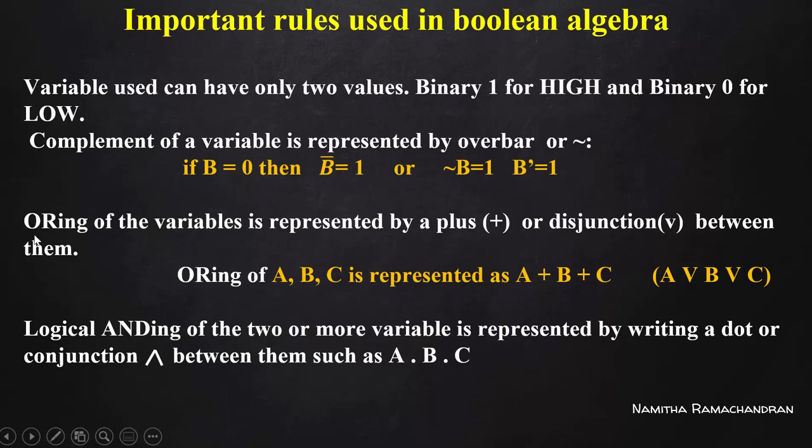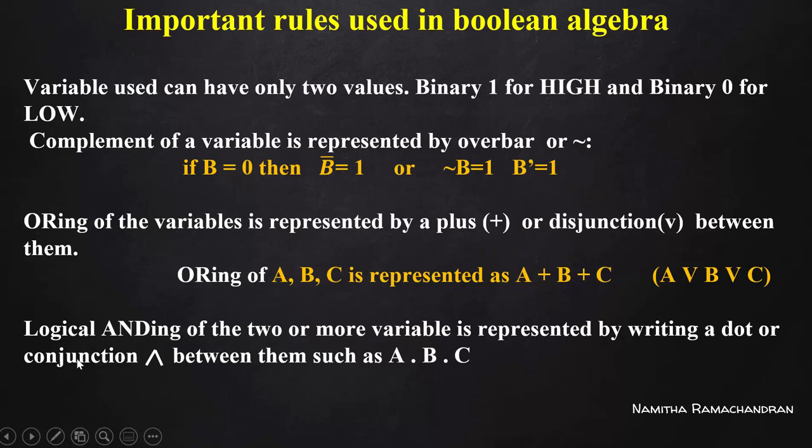Next, a particular operation over Boolean variables is ORing. ORing of the variables is represented using the plus symbol. This ORing is also known as disjunction, and we can use either this symbol or the plus symbol between the variables. Example, ORing of Boolean variables a, b and c is represented as a plus b plus c, or using this disjunction symbol. Both are valid.